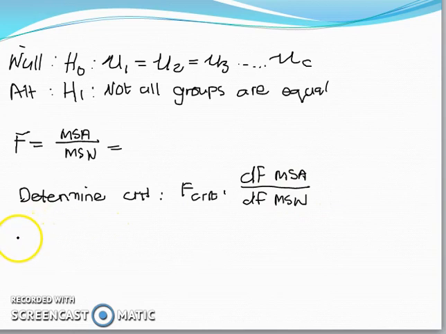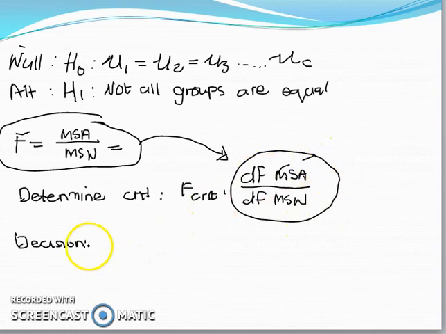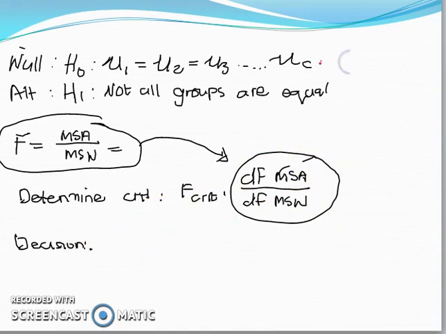And then the decision rule we use: if this value is greater than the critical value, then we will accept the null hypothesis. If that value is less, however, then we are going to reject the null hypothesis and we will accept the alternate hypothesis.